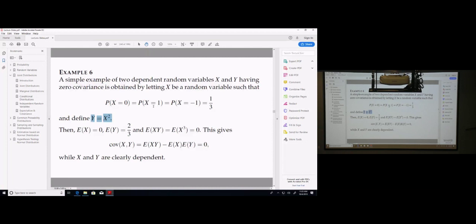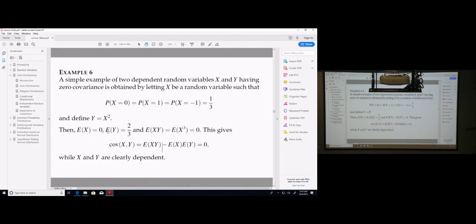So this is a very concrete counterexample, but we can give a more general counterexample. As a result, the covariance of xy is just equal to this. This is part A in the property of the covariance. Now I plug in what y is. Y is x squared, so I have the expectation of x cubed for my first term. I don't need to calculate the expectation of y, because the expectation of x is equal to 0, so the product would be 0.